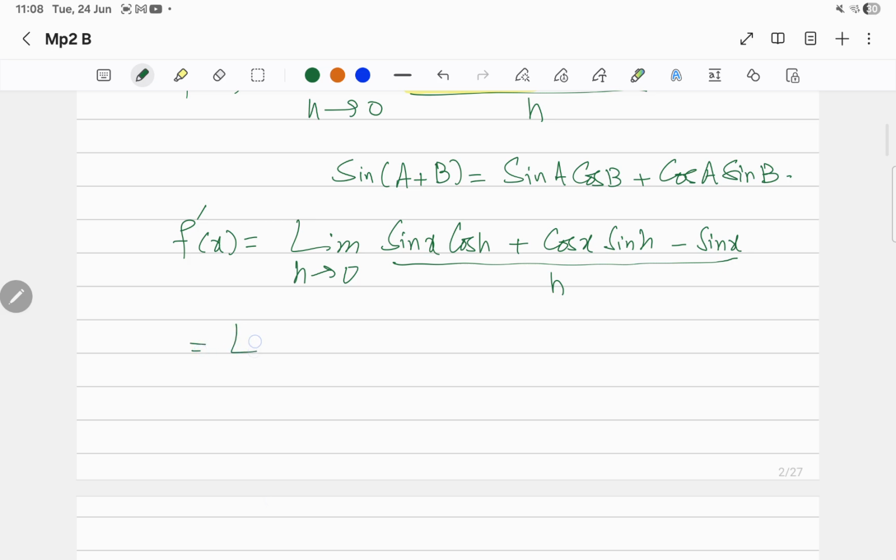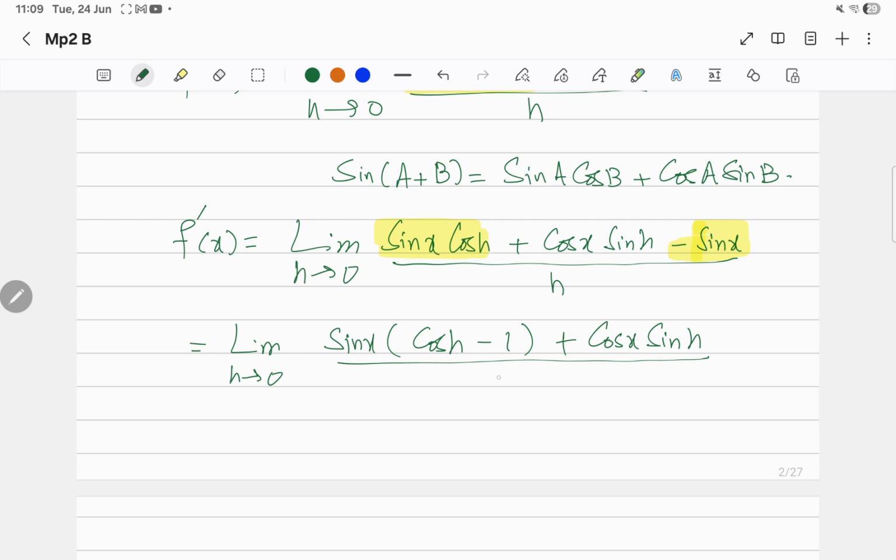Okay, now consider these two terms together, the values of sine x. Taking sine x as a common factor, we are left with (cos h minus 1), and we keep the rest as it is, which is cos x sine h, whole divided by h.